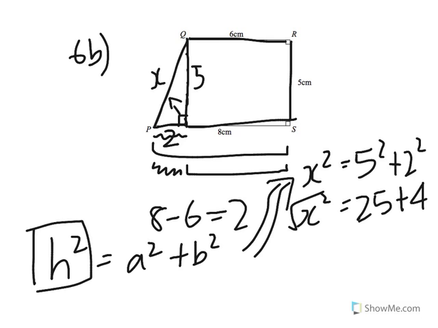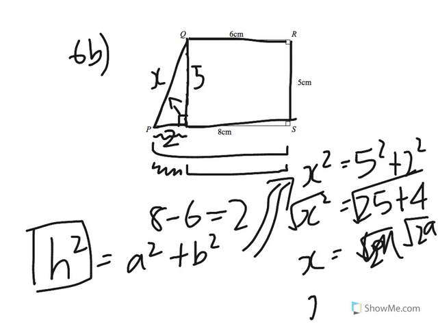If we square root both sides, we get x is equal to the square root of 29, and x is equal to 5.38516, which in 3 significant figures is 5.39.